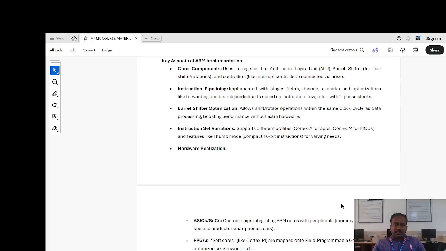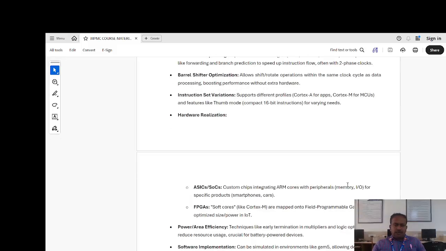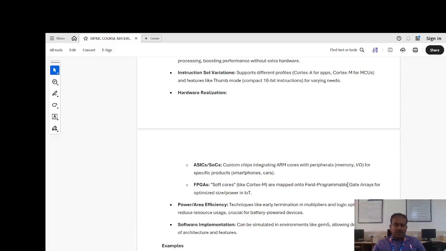Then hardware realization. For hardware realization we use ASICs or system on chip to customize the chip, integrating ARM cores with peripherals such as memory and I/O for specific products, for example smartphones or cars. Then FPGA: a softcore processor like the ARM Cortex-M4 is mapped into a field programmable gate array for optimized size or power in the Internet of Things, or IoT.